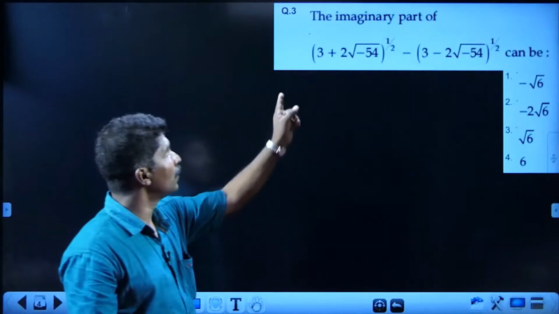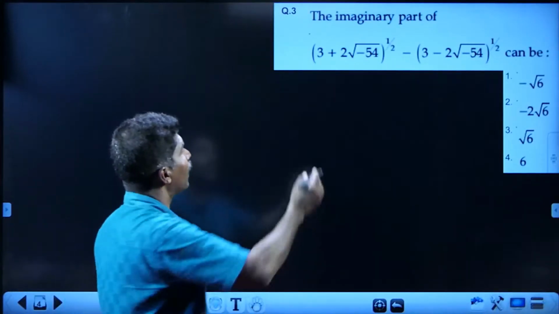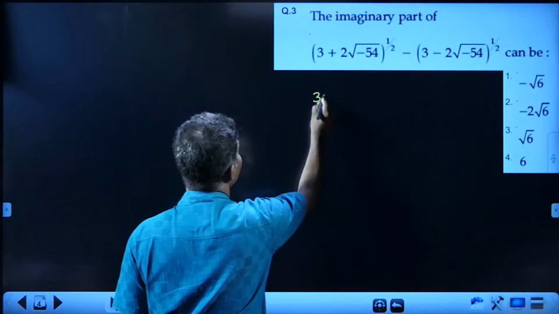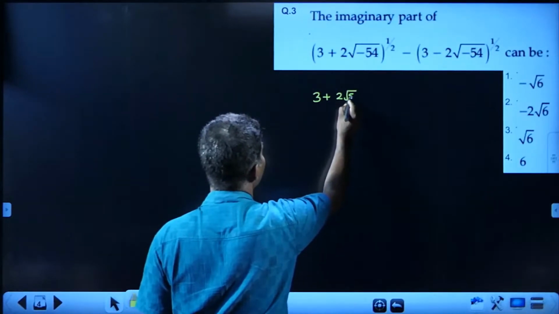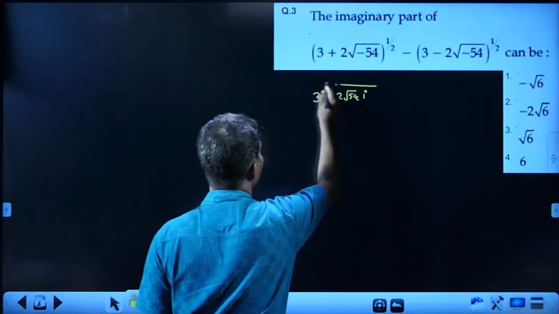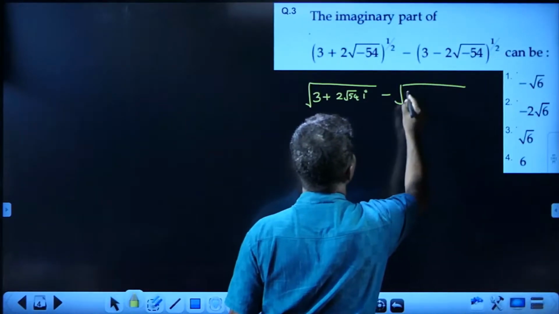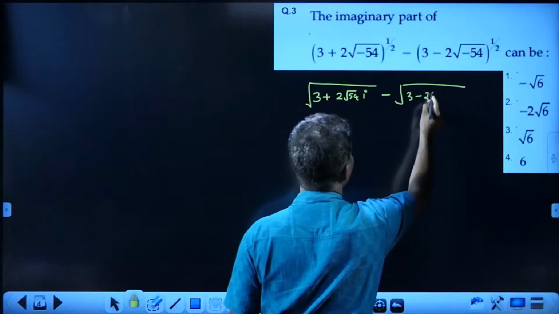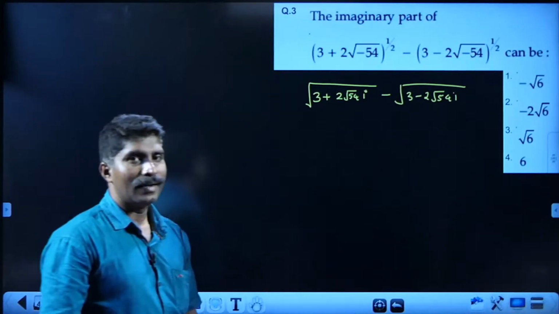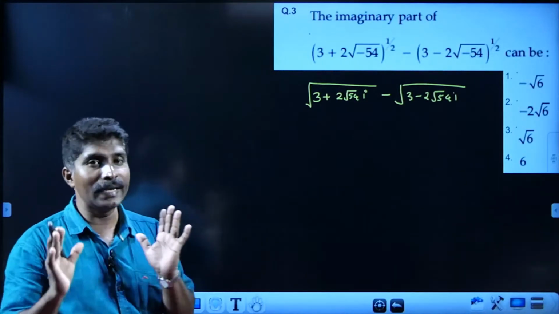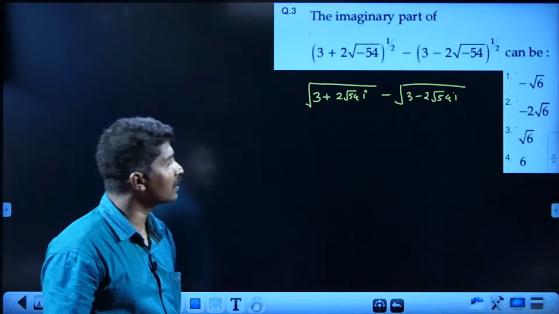Imaginary part of root of 3 plus 2 into root 54 into i, minus root of 3 minus 2 into root 54 i. Okay. Now you know how to calculate the root of a complex number easily.